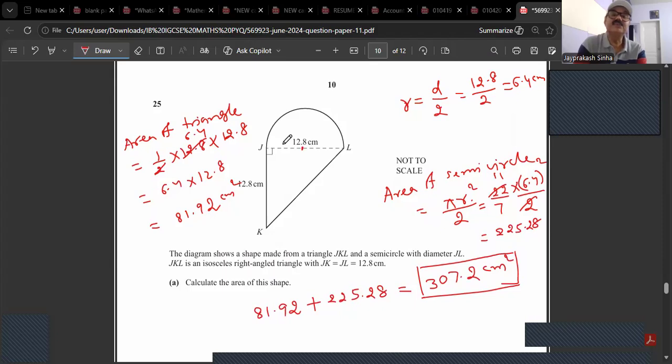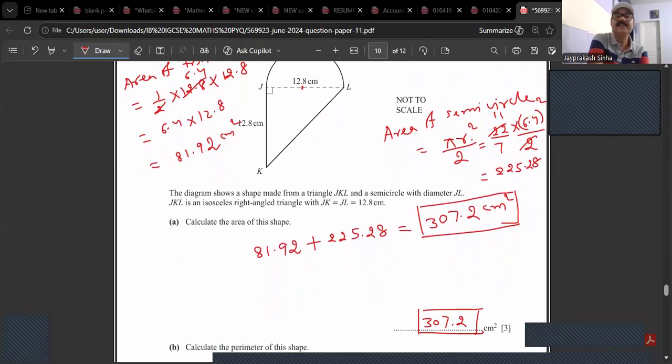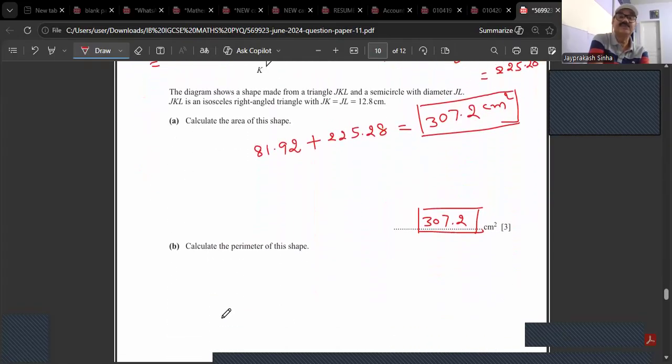This is 12.8, this is 12.8, so first of all we find KL. We can apply the Pythagoras theorem. So KL is equal to the square root of 12.8 square plus 12.8 square.